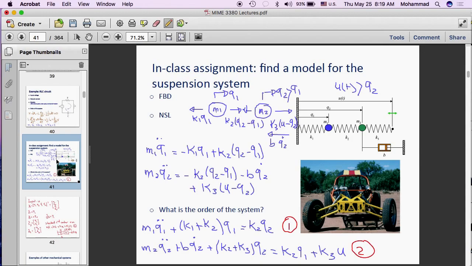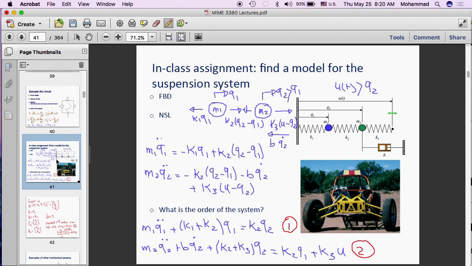This is number 41. So the end result, the model is a collection of two equations. The first equation basically says how Q1 double dot is a function of Q1 and Q2. That's the story that equation tells. The second equation tells you how Q2 double dot is a function of Q2 dot, Q2, Q1, and U. So in order for the entire model to work, you have to have these two second order differential equations and work with them if you want to find response, for example.